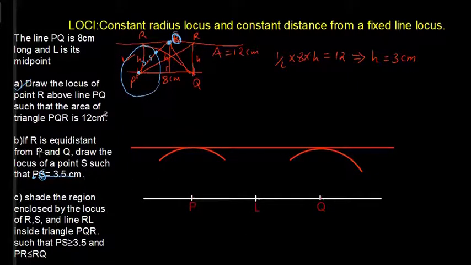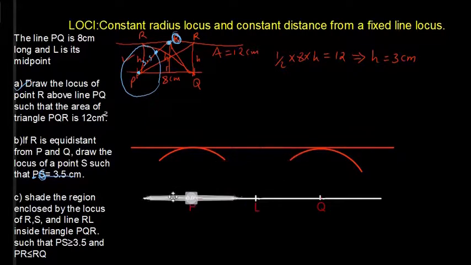And first of all, we were told that R is equidistant from point P and Q. So let us locate R by bisecting line PQ. So we'll drop a perpendicular bisector that will definitely have to pass through point L, because point L is the midpoint. So we proceed as follows.